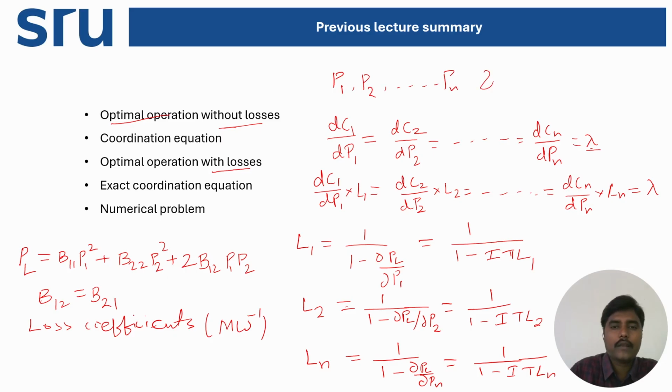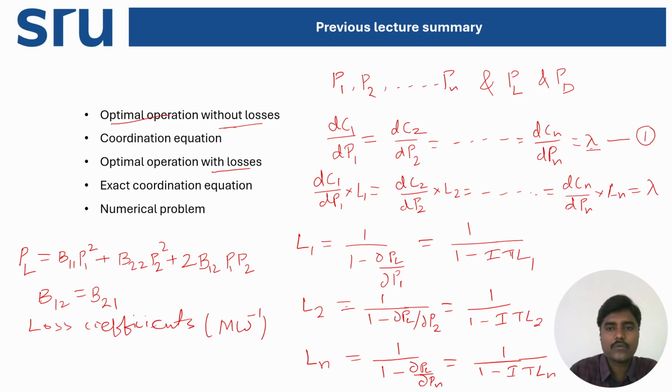Once you determine the individual units' power values, you can also find the transmission power loss PL, and then you can find how much power will be delivered to the load demand, that is PD. In this slide, you have all the important conditions or equations with respect to economic load dispatch. Maybe you can give a numbering for all this.